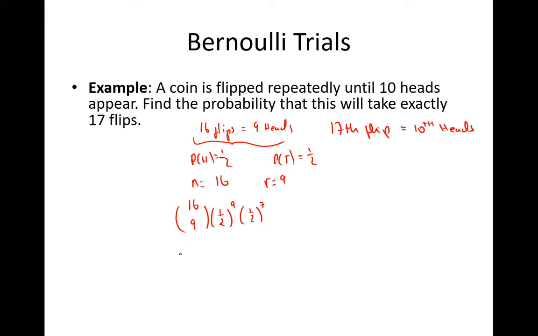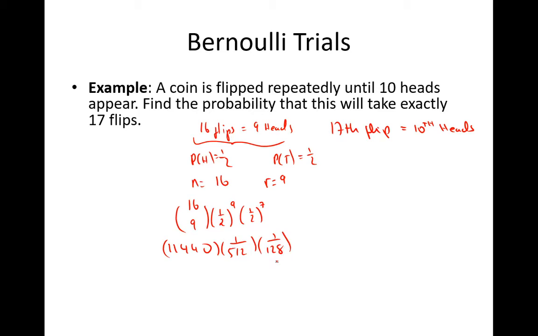I'll go and work it out in the calculator. 16C9 works out as 11,440. Okay, multiplied by 0.5 raised to the power of 9, which is 1 over 512, multiplied by 0.5 raised to the power of 7, which is 1 over 128.